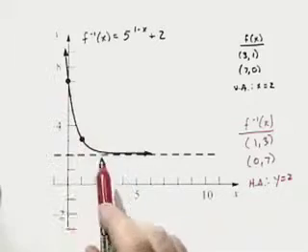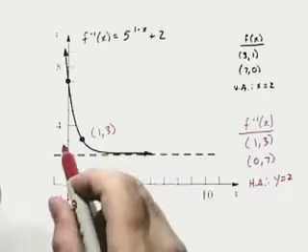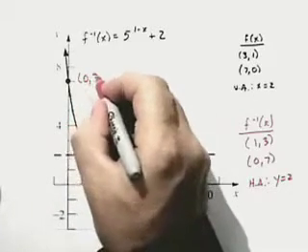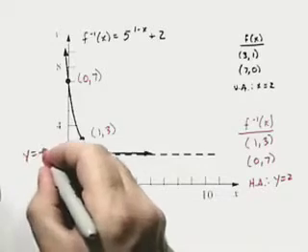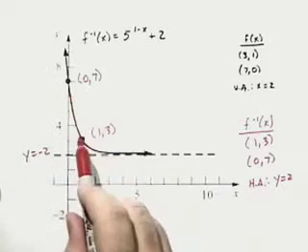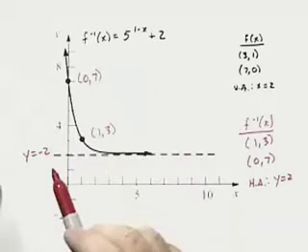So if we look at our graph, we get the point 1, 3, and we'll have the point 0, 7, and we have our horizontal asymptote of y equal to 2. We connect those points with a smooth curve and approach our horizontal asymptote. We have the graph of our inverse function.